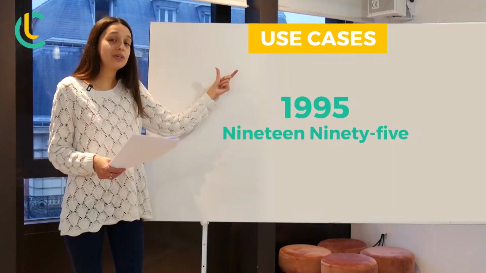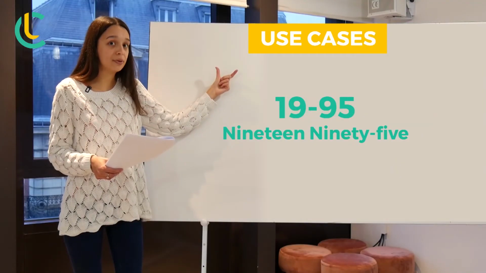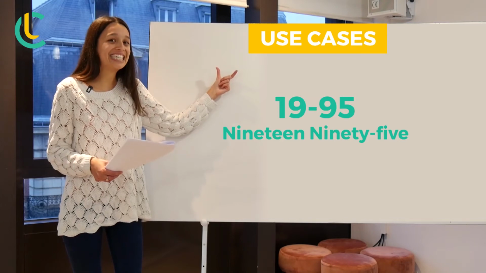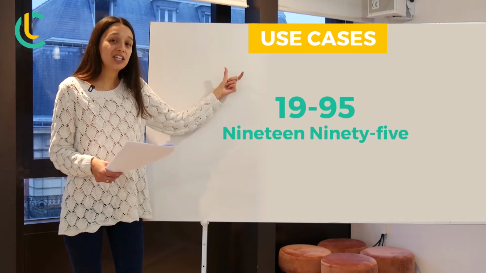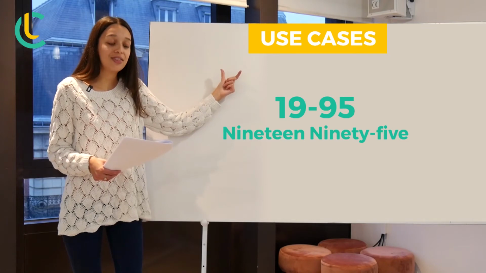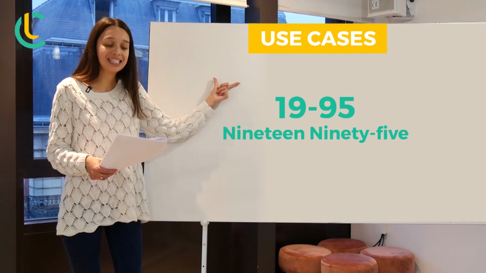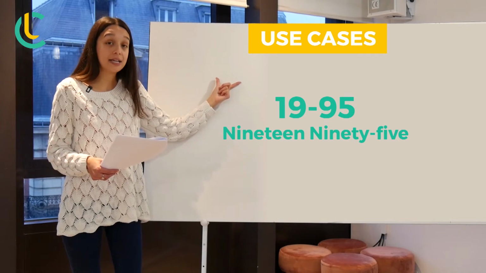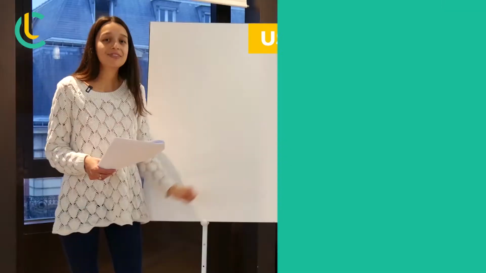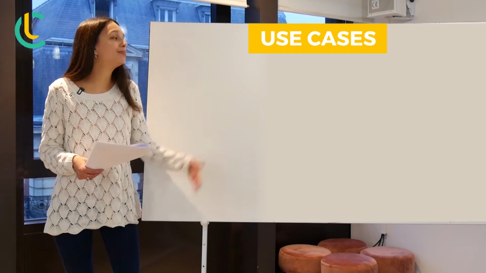So usually with these type of years, we divide the numbers into groups of 2. As you can see, the first 2 numbers make the number 19. The second 2 numbers make the number 95. Therefore, the year becomes 1995.